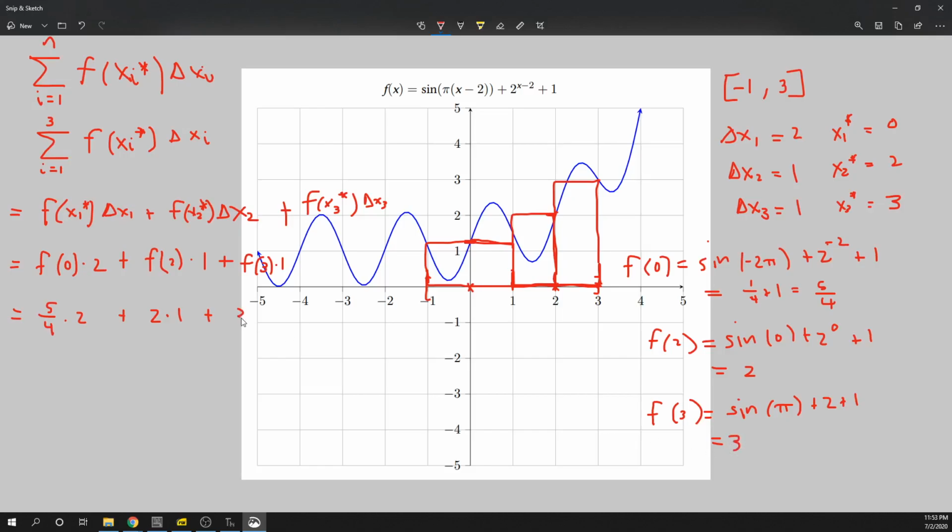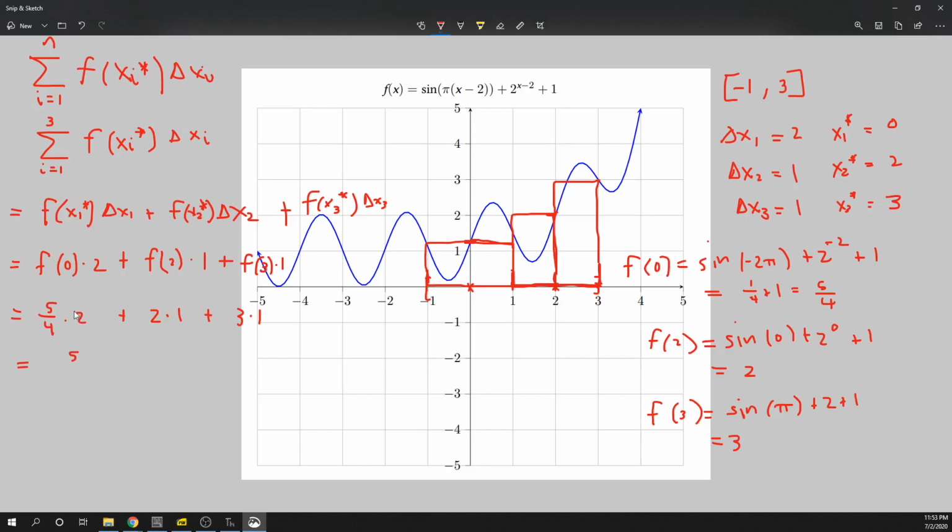So I get 3 times 1. All right, so just stopping here to take a look at this to make sure it makes sense, right? Remember, this is supposed to be the approximation of these rectangles. So it's no coincidence, right? This first rectangle is 2 units wide by 1 1/4 high. The next rectangle, 2 by 1. The third rectangle, 3 by 1. So these are the actual areas of the rectangles.